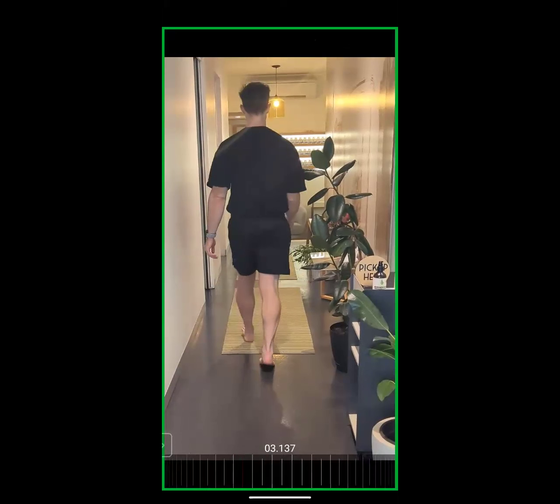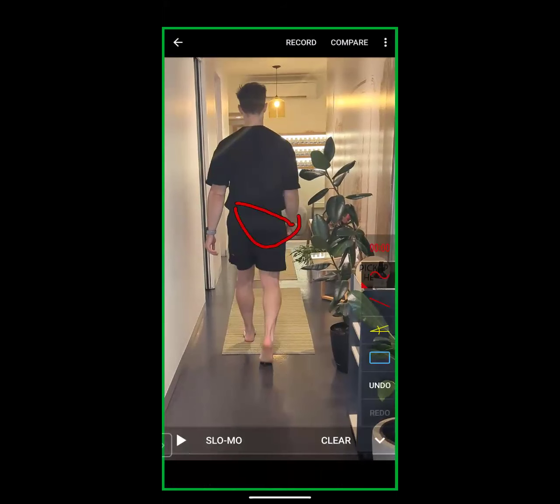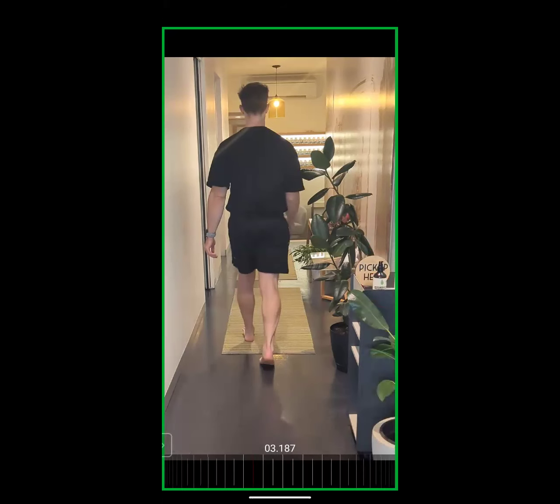And interestingly, he does hike his pelvis on the right a little bit when he gets onto that leg. So it's not as if he can't hike on the left and adduct his left hip, or maybe he doesn't adduct very well, but he seems to be okay.